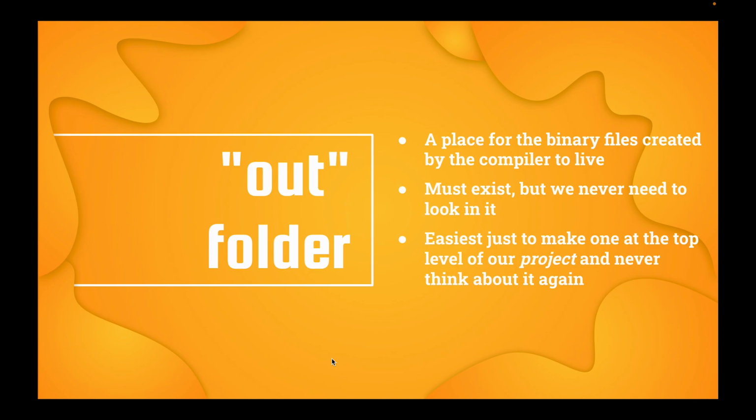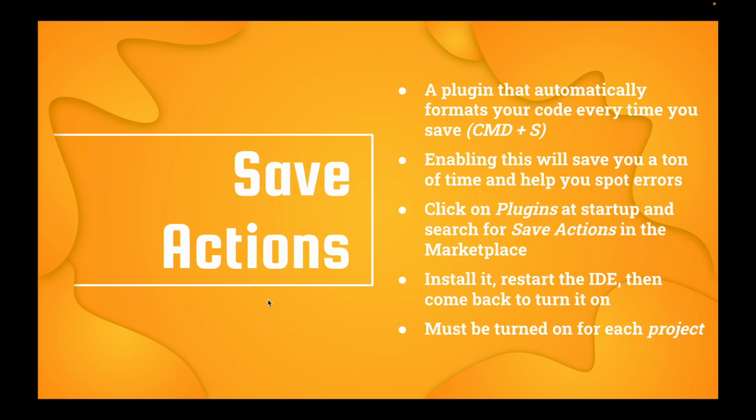So right inside your data structures folder, or right inside of your programming languages folder, you make a folder called out, and you set that in a configuration. I'll show you how to do that in a minute. But basically you tell it, every time you compile a class, put the compiled class file in this out folder. They all go in one place, kind of out of the way, and we don't have to look at them as people. So we just have to set that up at the beginning to make IDEA happy, and then we never think about it again.